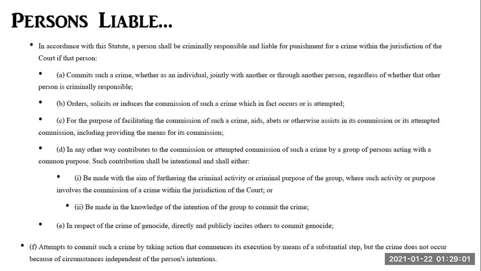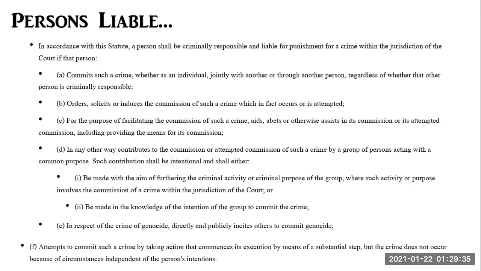D, in any other way contributes to the commission or attempted commission of such a crime by a group of persons acting with a common purpose. Such contribution shall be intentional and shall either 1, be made with the aim of furthering the criminal activity or criminal purpose of the group, where such activity or purpose involves the commission of a crime within the jurisdiction of the court, or 2, be made in the knowledge of the intention of the group to commit the crime.